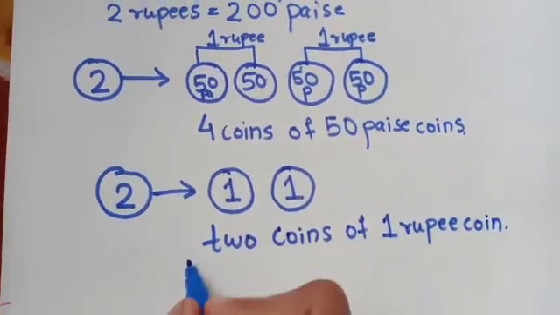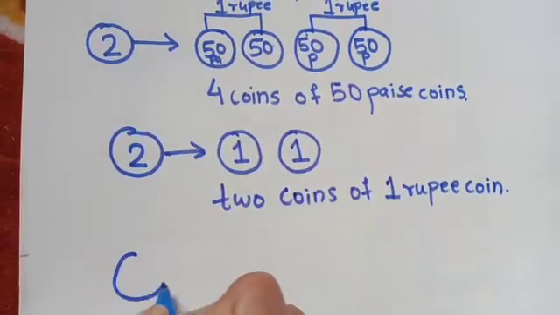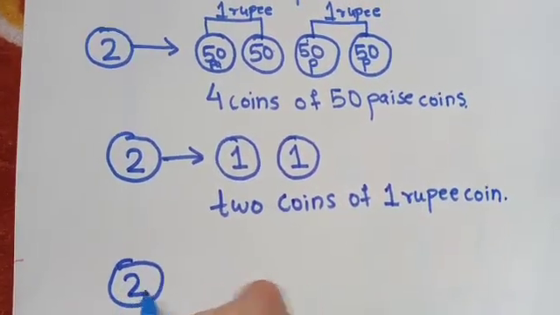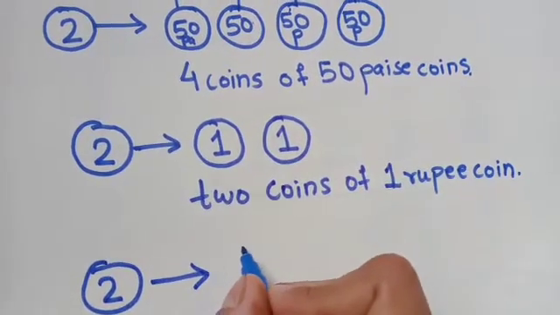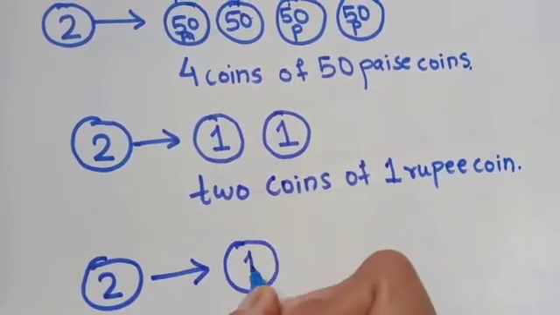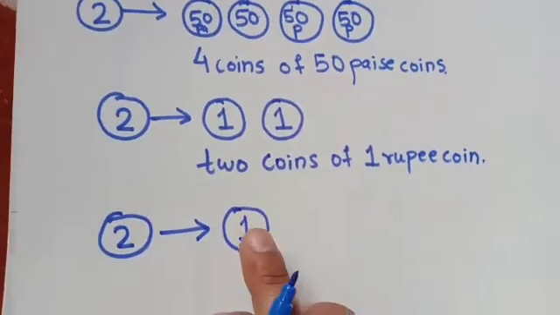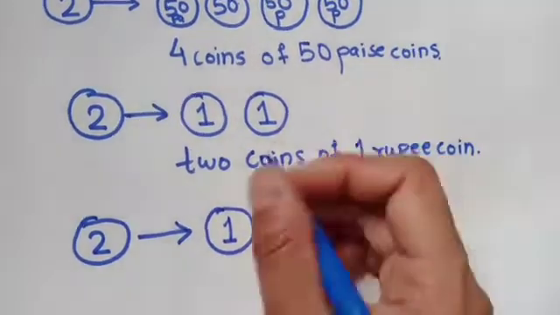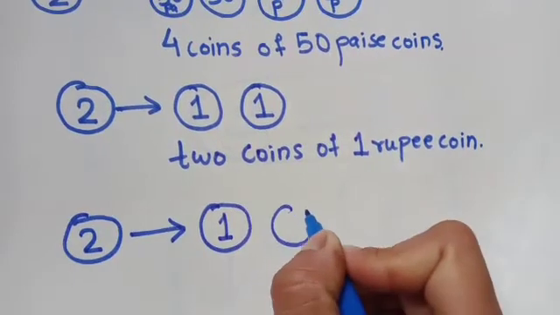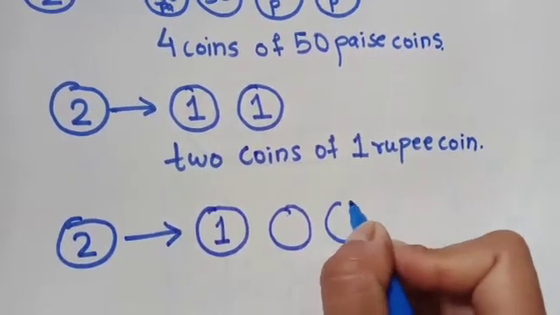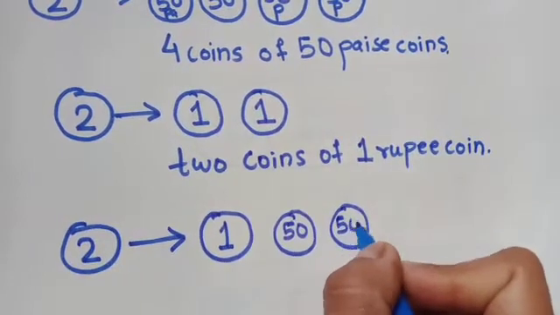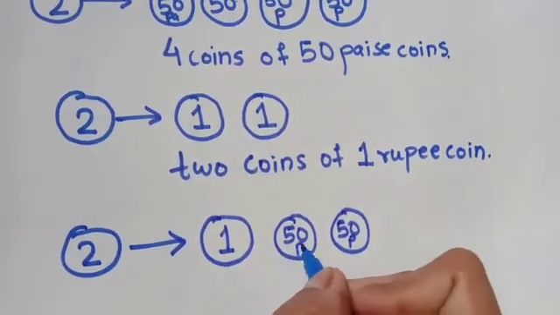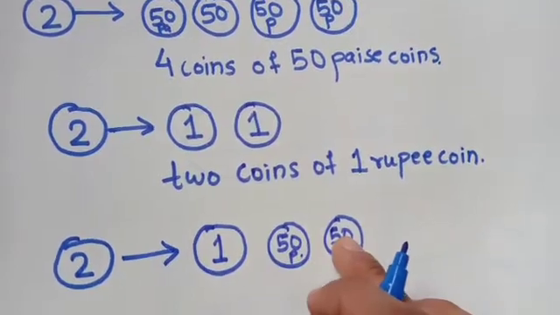Or else, we can give 1 rupee coin, one coin of 1 rupee, and 2 coins of 50 paise. 50 paise plus 50 paise is how much?